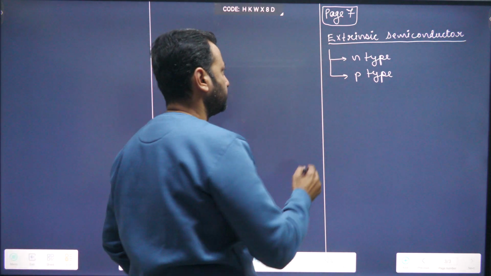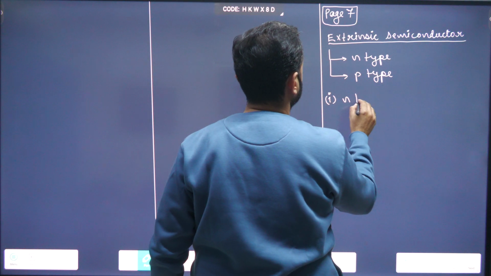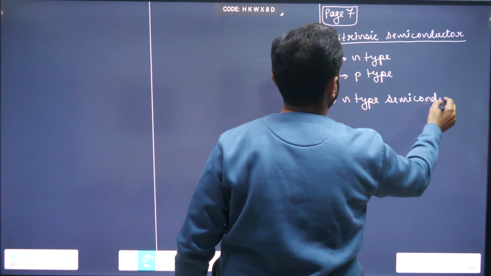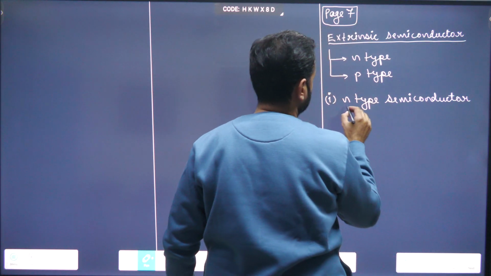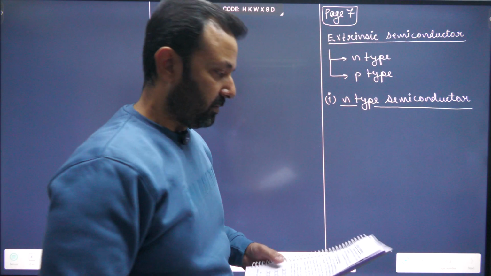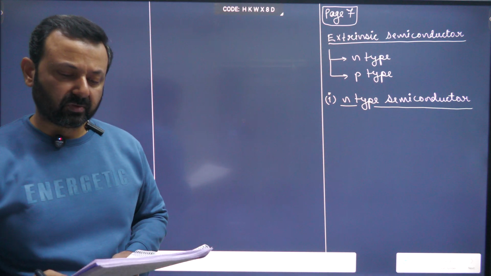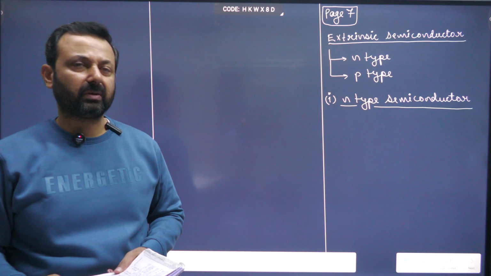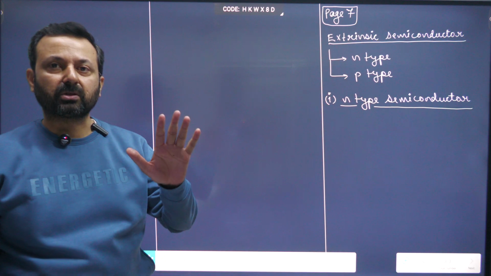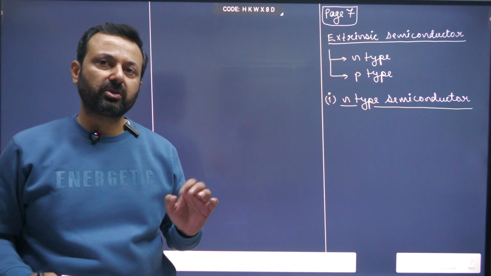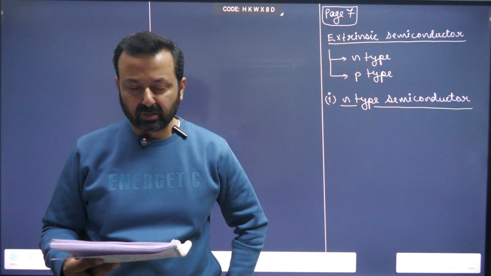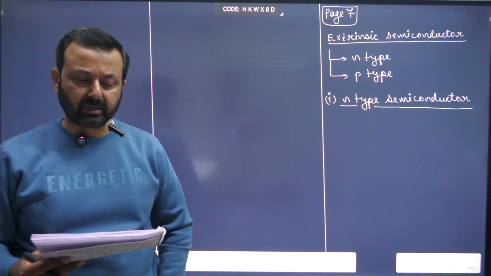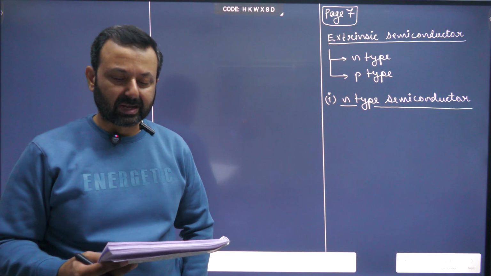N-type semiconductor. When a pure semiconductor of silicon or germanium is doped with pentavalent atoms, which have 5 valence electrons, like phosphorus, arsenic, antimony or bismuth, then it is called an n-type semiconductor.